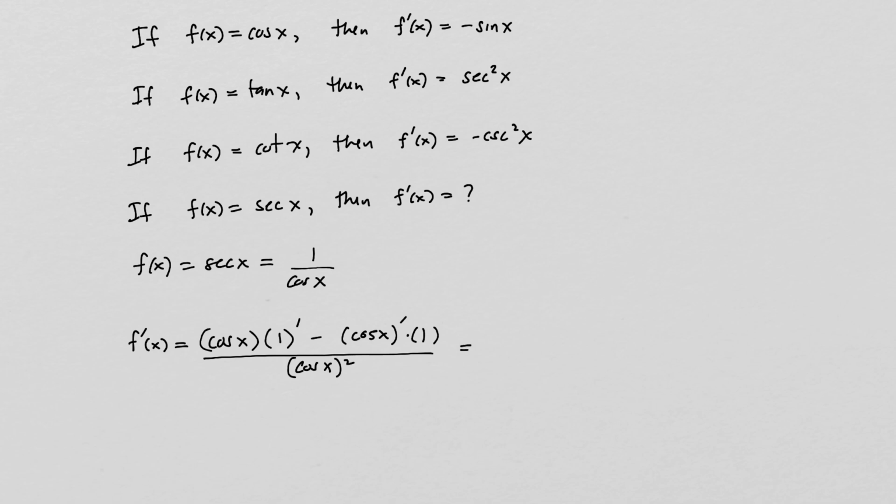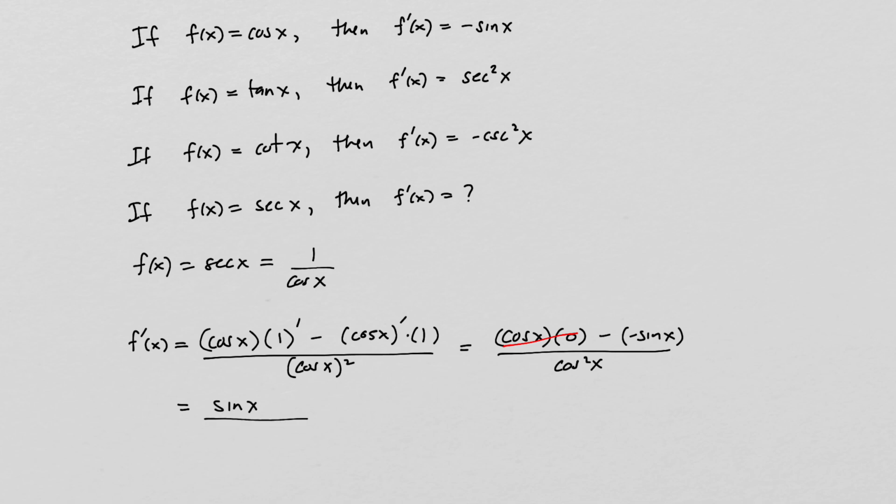Now let's do the math on this. We have cosine of x multiplied by the derivative of 1, which is 0, minus, and then we've got the derivative of cosine, which is negative sine, multiplied by 1, all divided by cosine squared of x. Cosine of x times 0 is 0, so we have negative negative sine of x, which is sine of x.